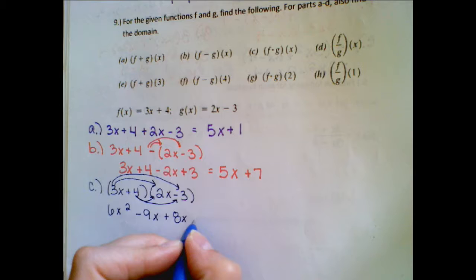So I'd set my denominator equal to 0. So 2x minus 3 equals 0. X equals 3 halves on that one. Okay. Hopefully you can figure that one out. And then we can't do anything else here. So this is our answer.